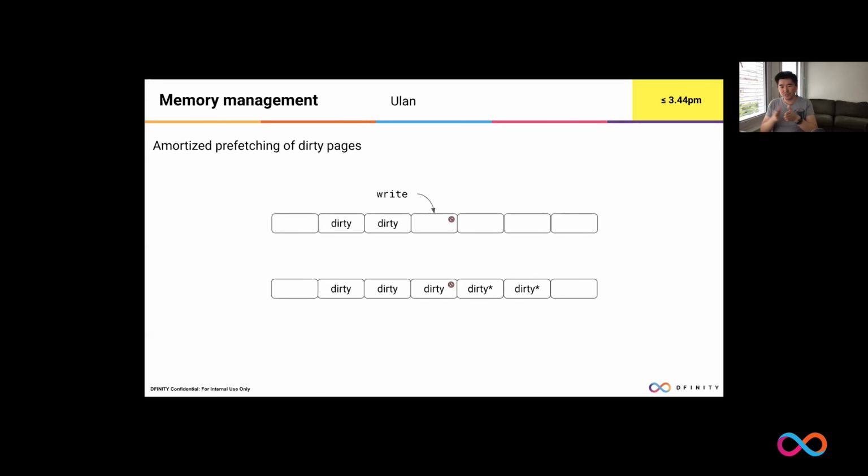In order to reduce the number of signals and system calls, we can actually prefetch: when there is a signal coming in, instead of handling only the single page, we can handle a bunch of pages first. But that is a bit dangerous because this prefetching could be redundant work.